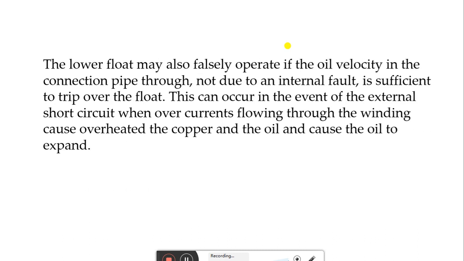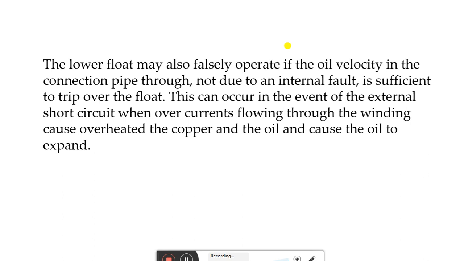So I think the lower float may also falsely operate if the oil velocity in the connection pipe, though not due to an internal fault, is sufficient to trip the float.